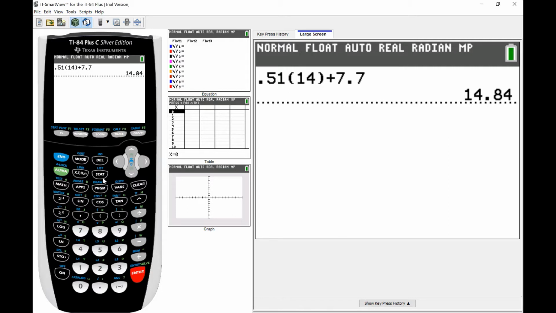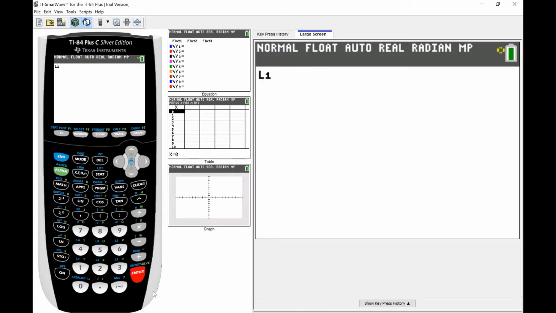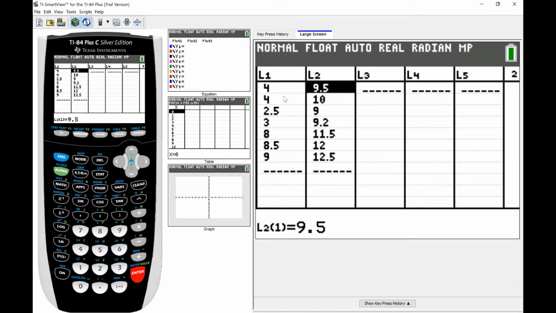I'm going to go back into my table so you can see our data set right here. Look at all these x values. They range from 2.5 as our lowest value to 9 as our highest value. We made a prediction when the value of x is 14. That's not within that range from 2.5 to 9.